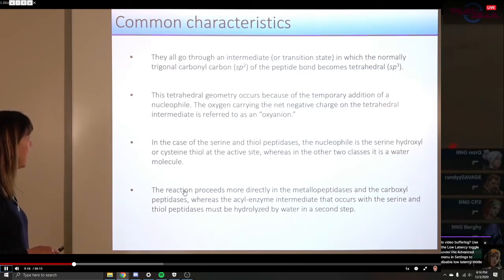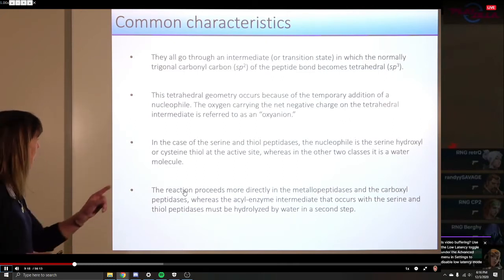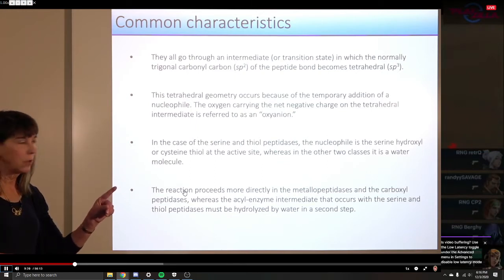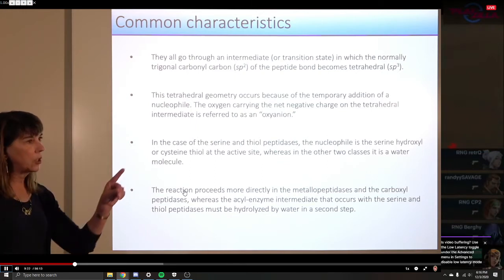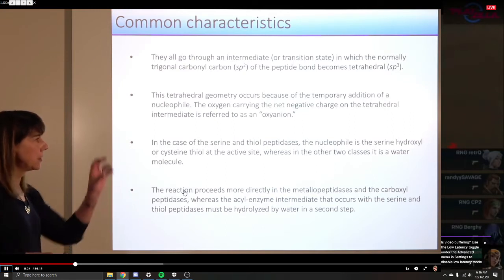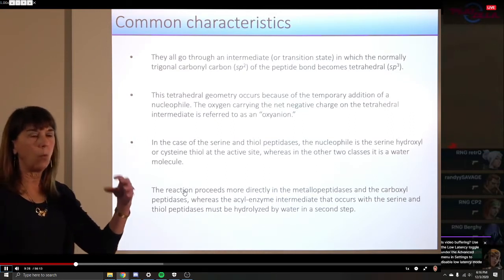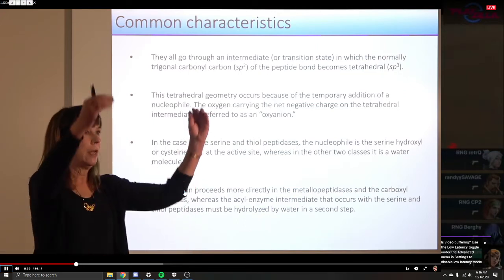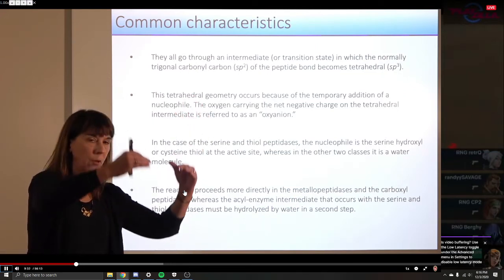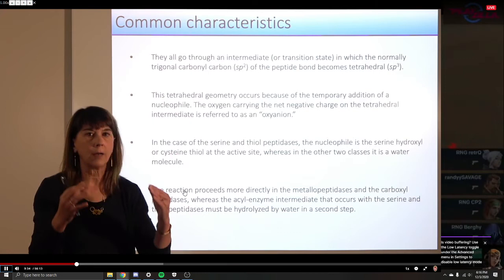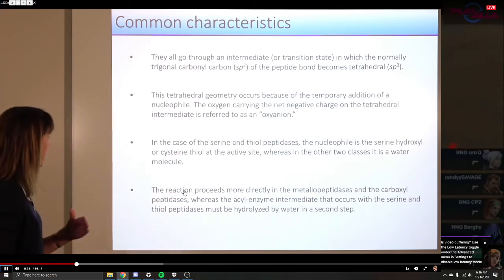The tetrahedral geometry occurs because of the temporary addition of a nucleophile. And the oxygen, when it goes into that tetrahedral intermediate, is carrying a negative charge. That's the oxyanion. And what these proteins have is something to basically stabilize that oxyanion. It's called an oxyanion hole, and we'll talk about that.